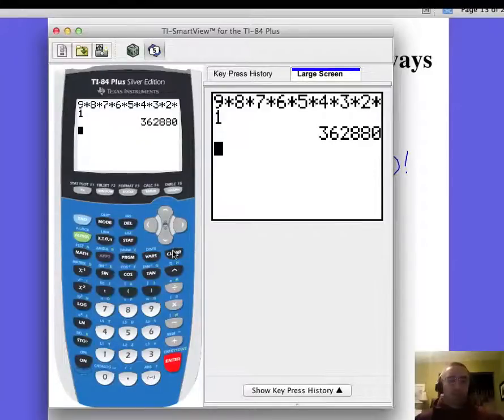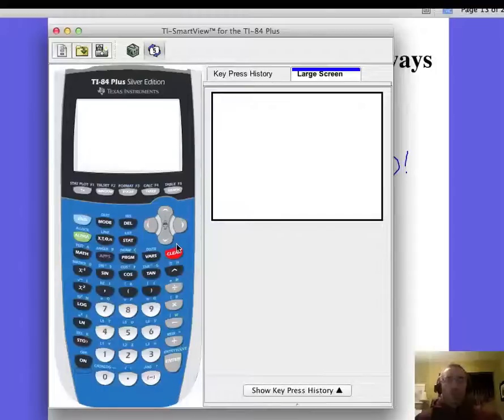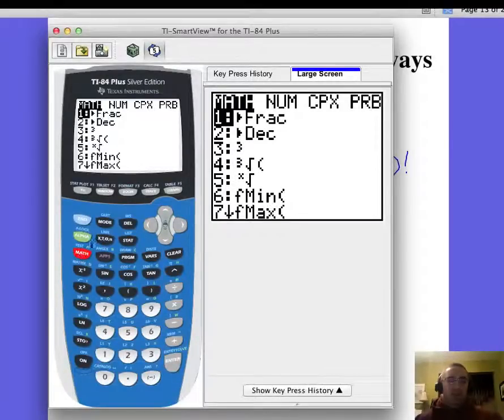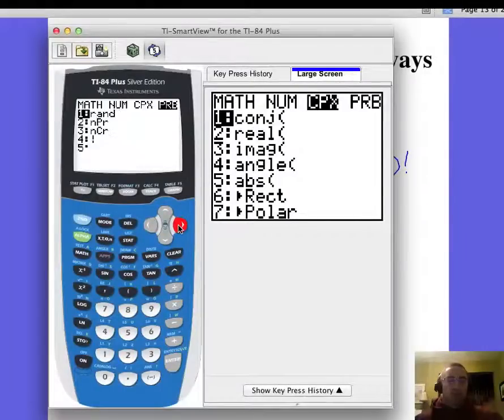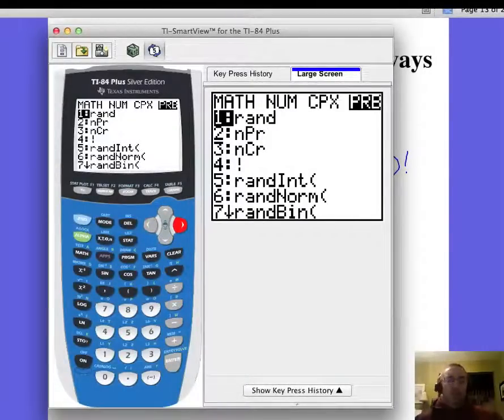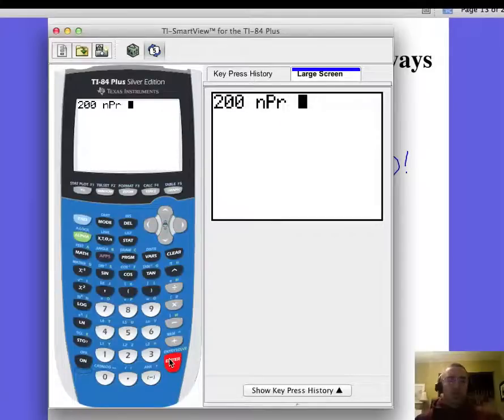Alright, let's clear it out. So what we must do first is put in the n. So we put in 200. Now we go to math. We move over to probability. And there it is, number 2. nPr, enter. And we put in the r, 40.